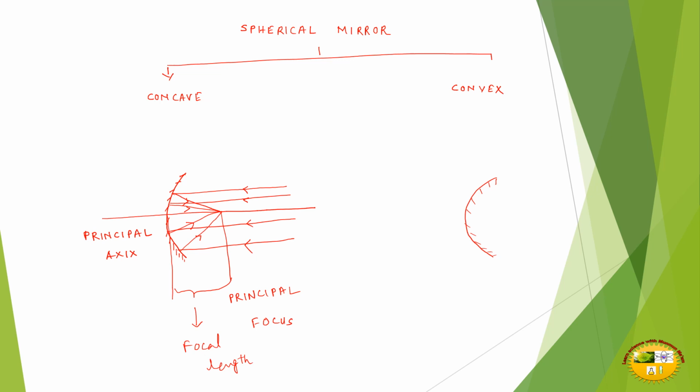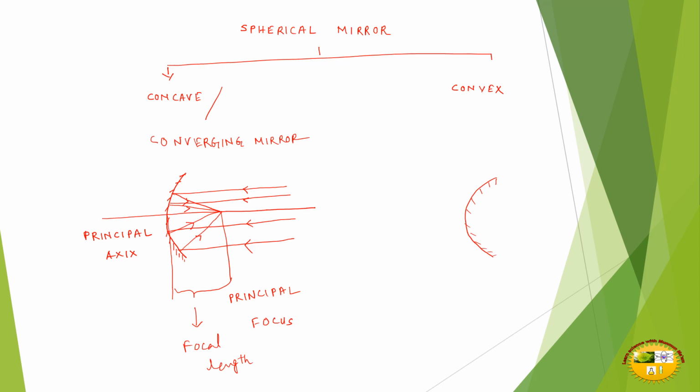Here you can see, in case of a concave mirror, I told that light rays after falling on the concave mirror converge to meet at a point. So it's also known as a converging mirror. Right?